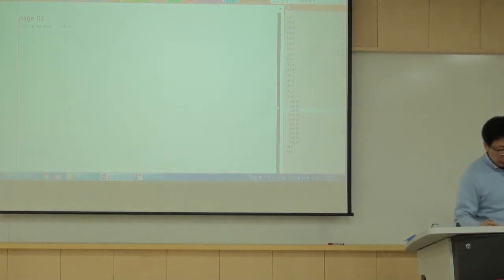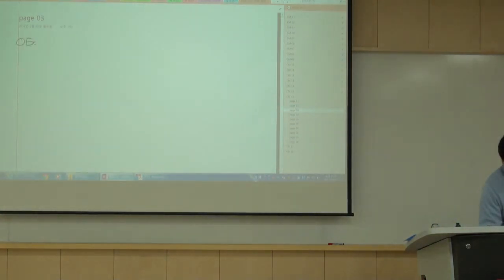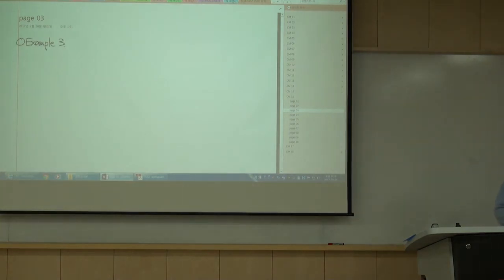Now, let's take a look at the next example. That is the second example in our lecture note. The first one was linear line fitting.